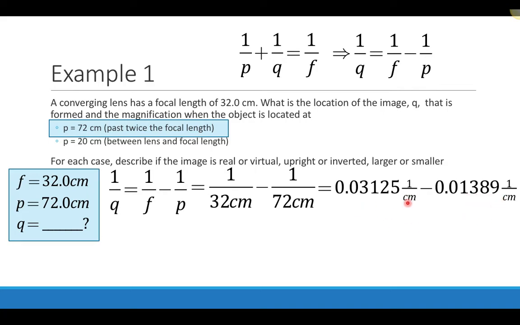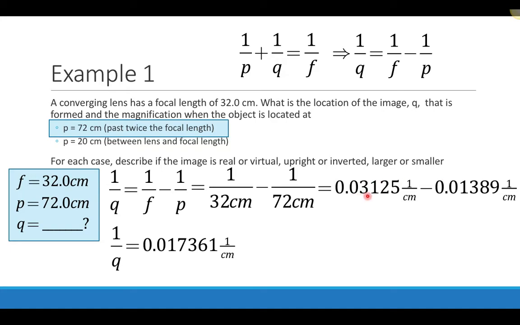It's really important when you're using the thin lens formula to keep a lot of digits in your answer. I kept an additional 4 digits after the first 0. If you round too much when using the thin lens formula, you will get an incorrect answer in the end. So 1 over the image distance is the difference between these two numbers.